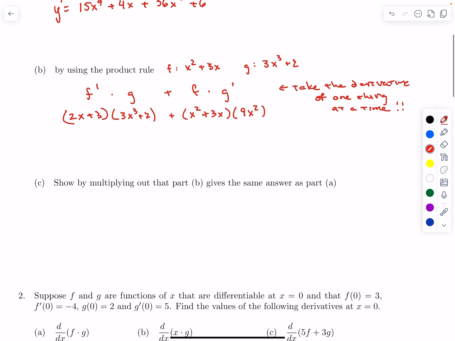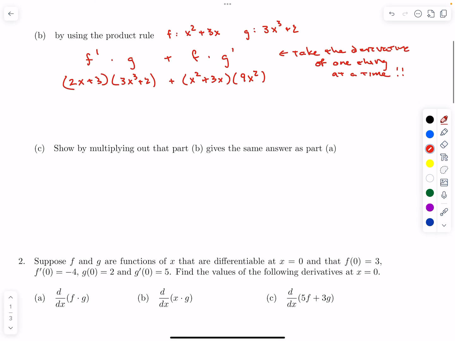Okay, multiply out, let's FOIL out the first bit. Front, outer, inner, last.